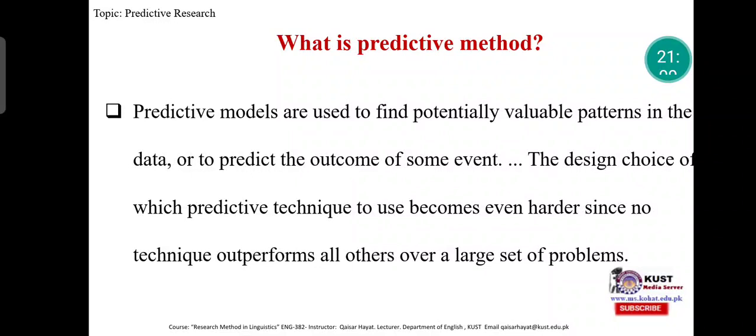As its method is concerned, predictive models find potentially valuable patterns, and that provides you the outcome of some event. Definitely it would help you know that some event would happen, some event would be there.